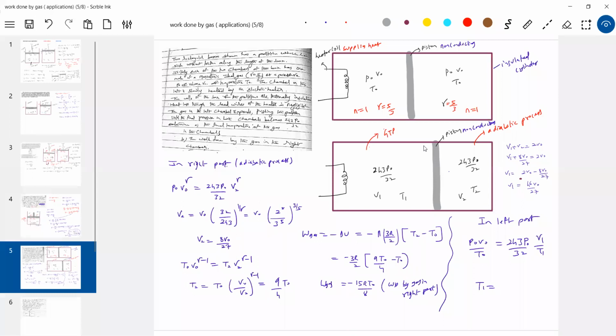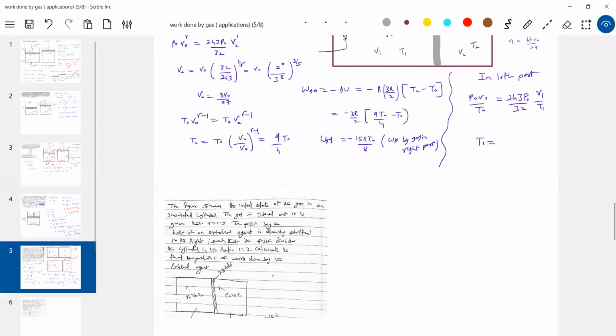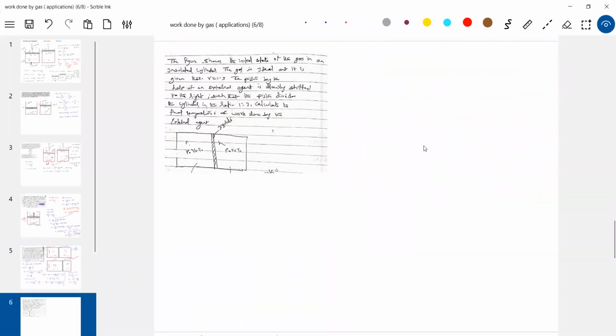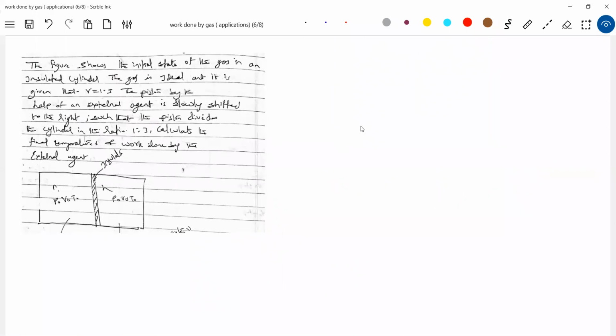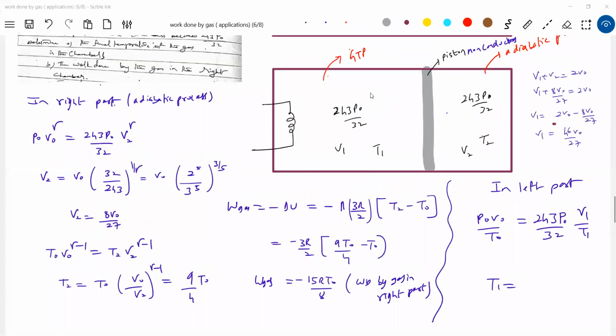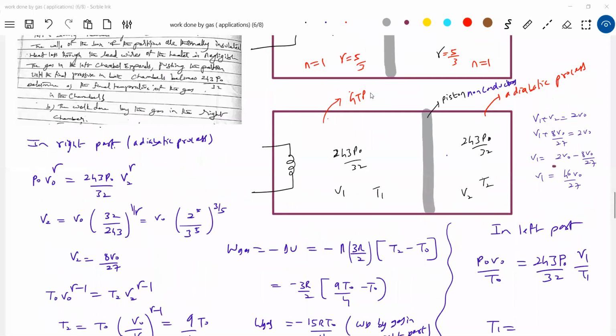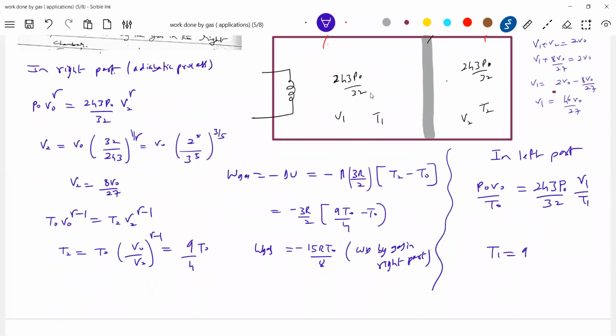I don't have the value. I just brought a very nice question, sir, where a student has to really think. 9T by 4, it is okay. T1 is 9T0 by 4. Let me write it.